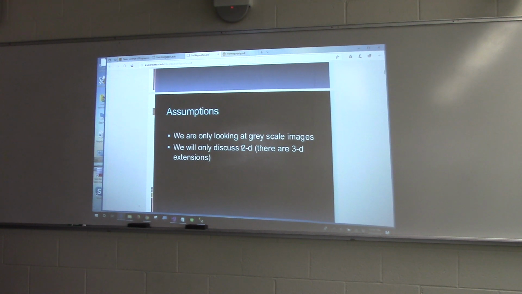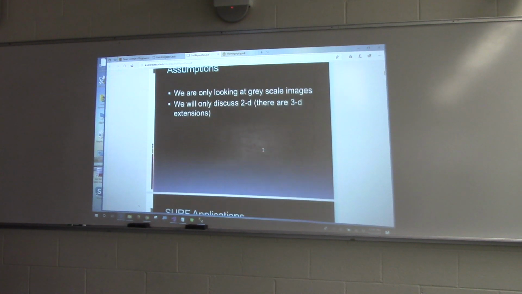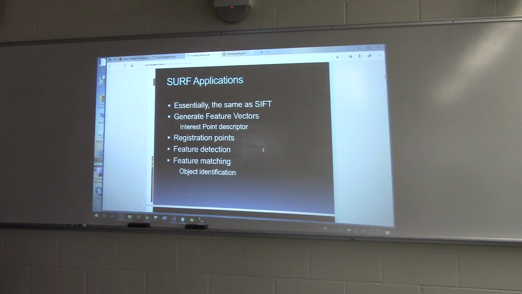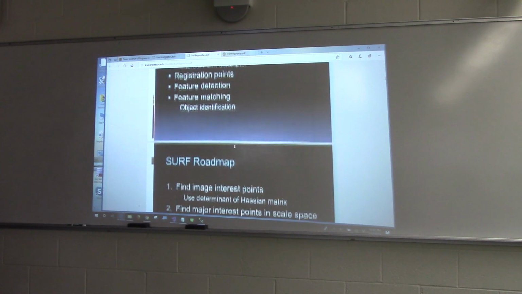Okay, so the author says we'll assume grayscale images, but there are color extensions available. As we discussed, SURF is the same as SIFT for the most part. There are actually differences, but SURF is faster, so it became a lot more popular after SIFT was introduced.